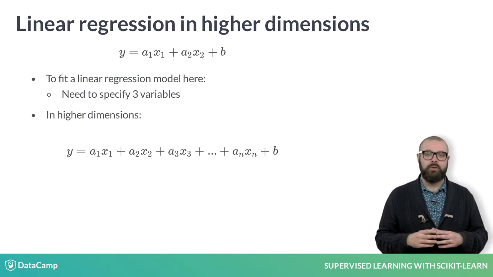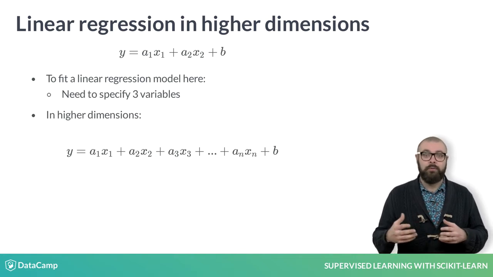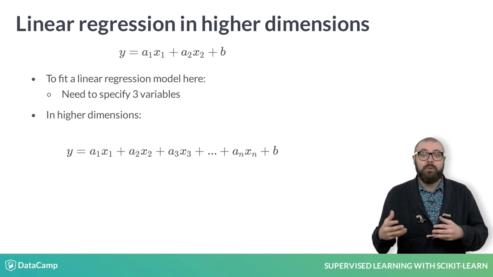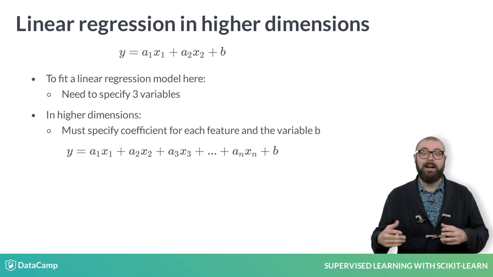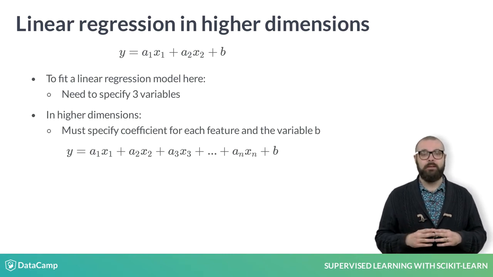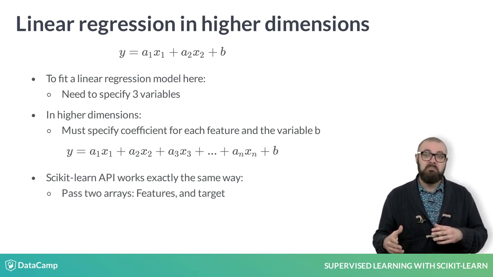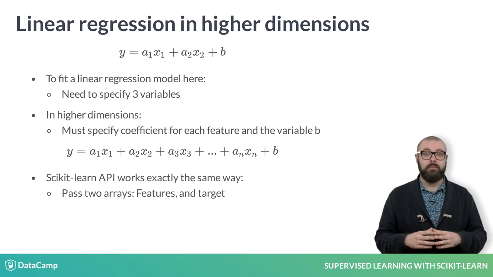In higher dimensions, that is when we have more than 1 or 2 features, a line is of this form, so fitting a linear regression model is to specify a coefficient ai for each feature, as well as the variable b. The scikit-learn API works exactly the same in this case. You pass the fit method 2 arrays, one containing the features, the other the target variable. Let's now see this in action.